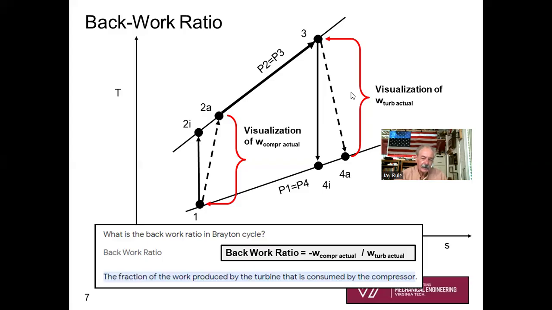Notice here, when you're studying this vertical line that I've shown in red, it's a little bit taller than this vertical line. Thus, we have W net, and that is reflected in terms of the back work ratio.